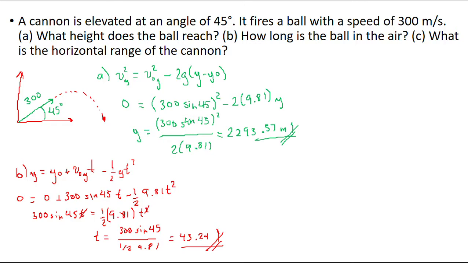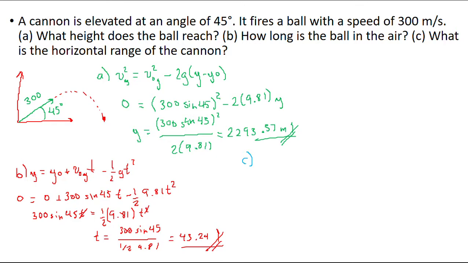And finally, I need to know the horizontal reach of the cannon. There you can use the formula that we used in the last slide, or we can use a typical one. That is the one that I'm gonna use right now because it's part of the recipe I've been talking to you about. So for here we got C. What is the horizontal reach of the cannon?